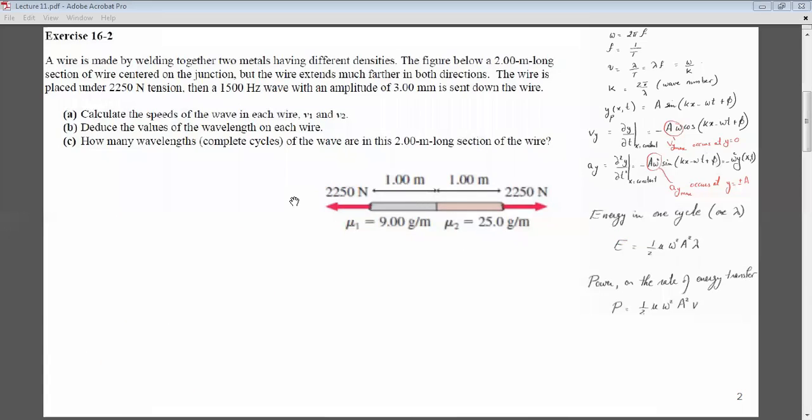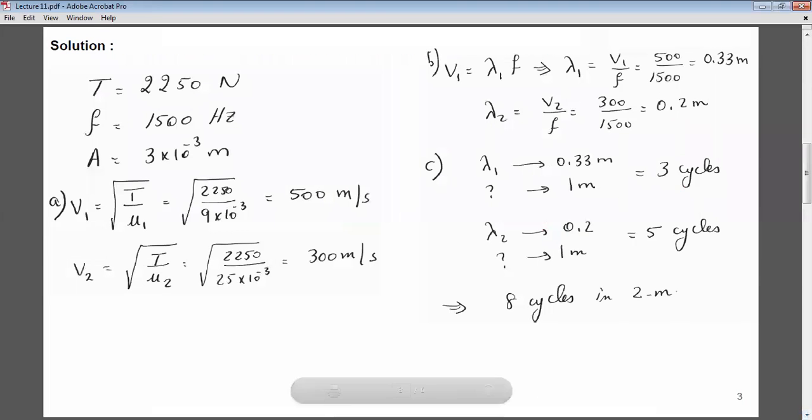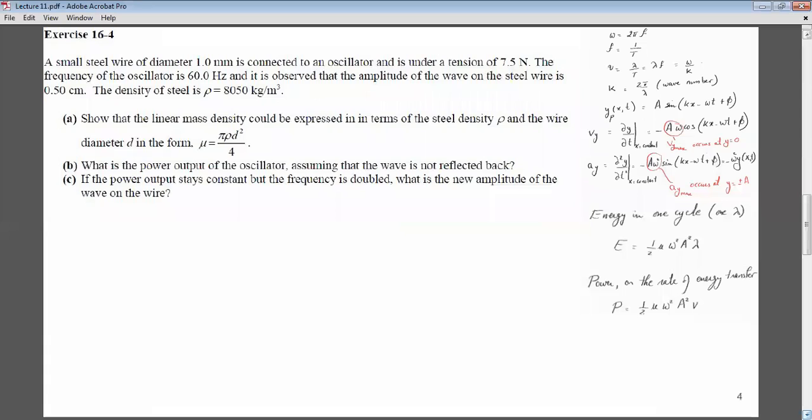Let's do the second exercise. A small steel wire of diameter 1 millimeter is connected to an oscillator and is under a tension of 7.5 Newton. So what do we have here? We have the tension, 7.5 Newton.